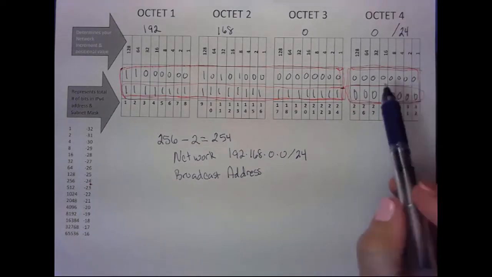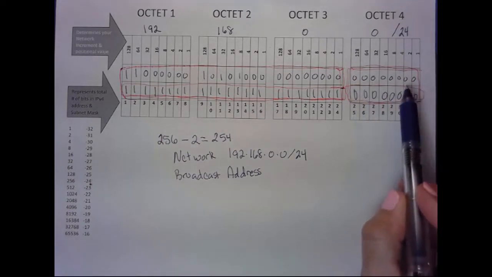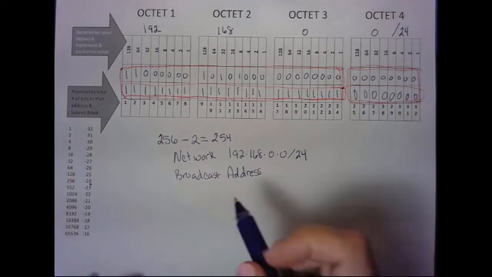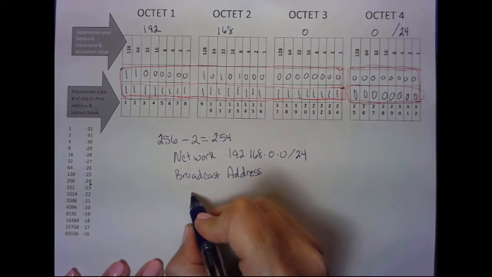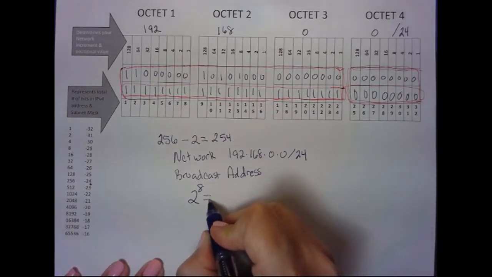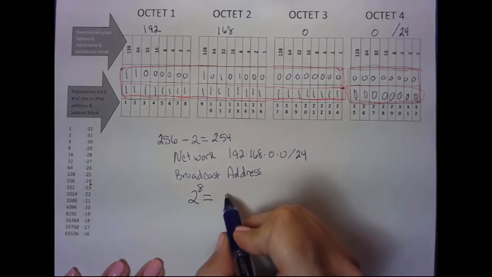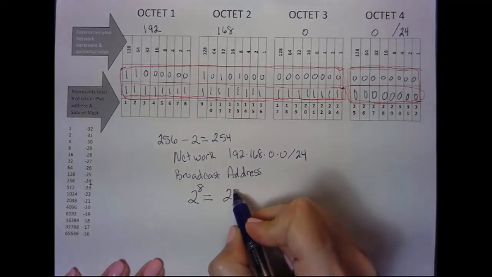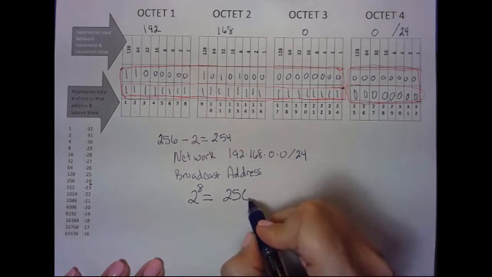That leaves 8 bits for hosts. So I can also do the math. I can say 2 to the power of 8. Now 2 to the power of 8 is 256.